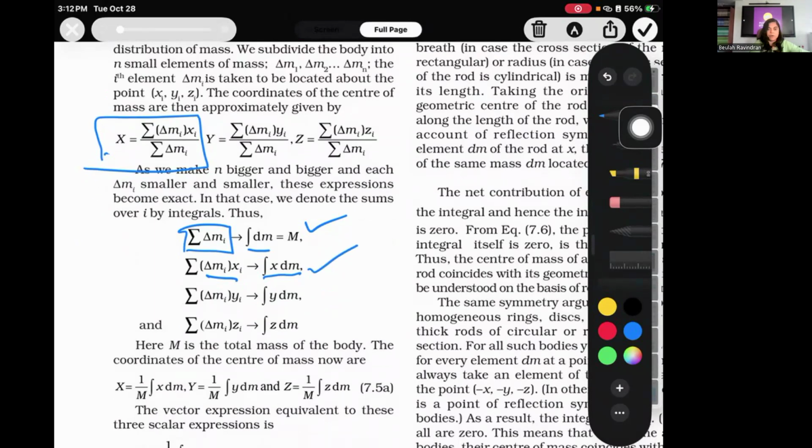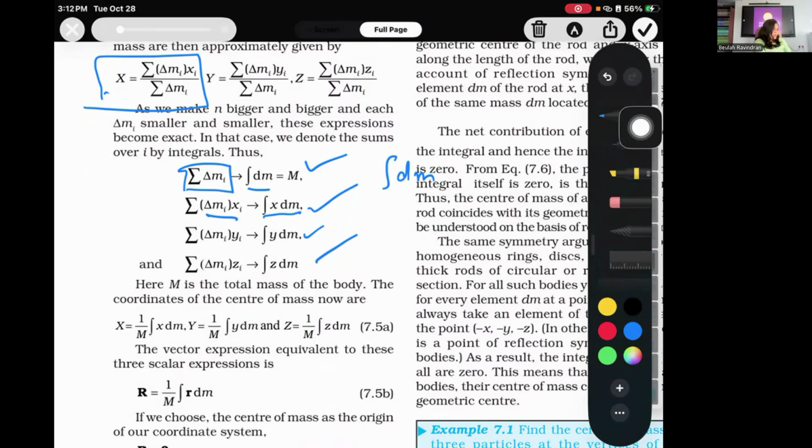So this is the integration format. Summation over delta M can be written as integration over dm, a small element, for the x, y, z axes. And delta Mi will be capital M, so you can resubstitute from this equation. It is equivalent.